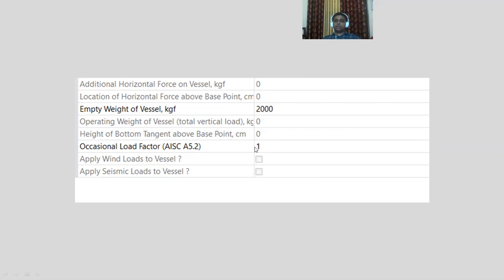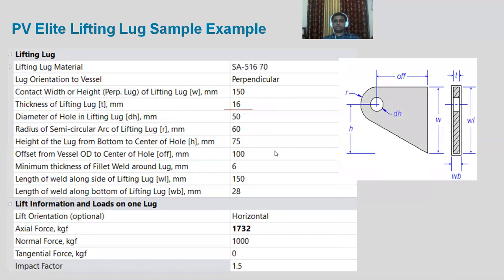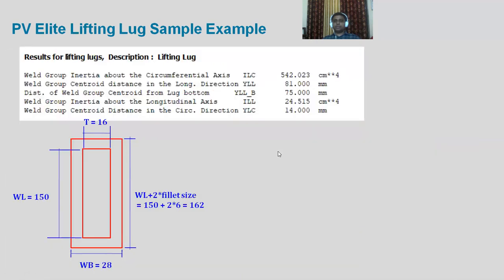We are never going to use this, so always place this value as 1. This is the factor by which your allowable stress is going to be multiplied, right? This is not the factor by which people often think that if I'm taking 1.5, it is going to increase the load. No, it is going to increase your allowable stress. So never do that. So we have seen all the parameters.